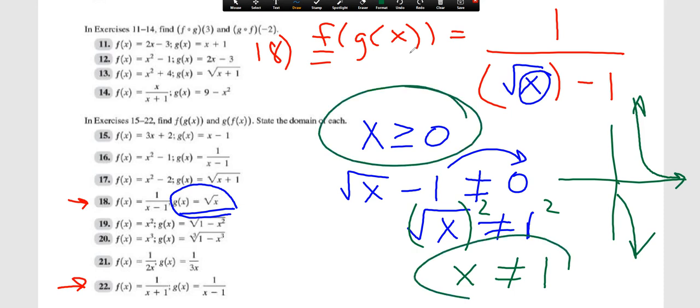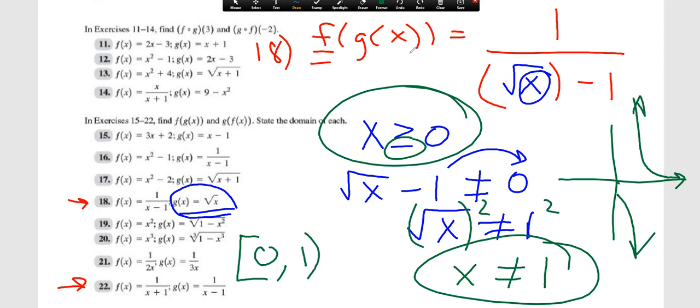Put these two things together and come up with the two-piece domain. Closed or open bracket on 0? Closed. Right? This guarantees that it's closed because it says equal to 0. Comma what? 1, bracket or parenthesis. Has to be parenthesis because that's where the break is.